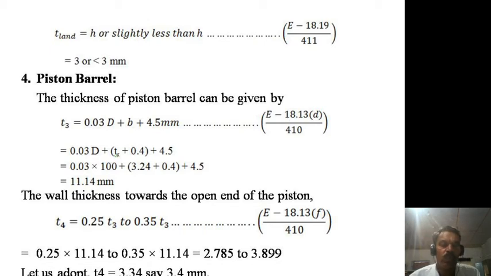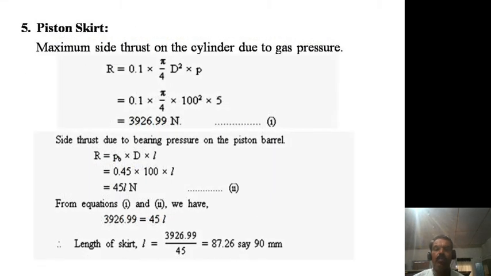Therefore, 0.25 into 11.14, so you will get 2.785 to 3.8999. Now let us adopt T4 is equal to 3.4 mm. Next, coming to the design of the piston skirt.